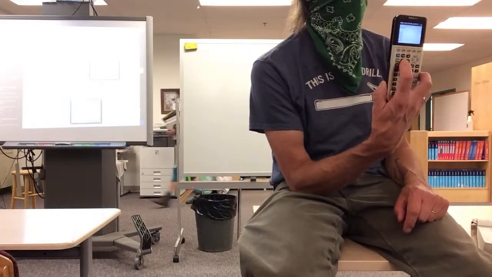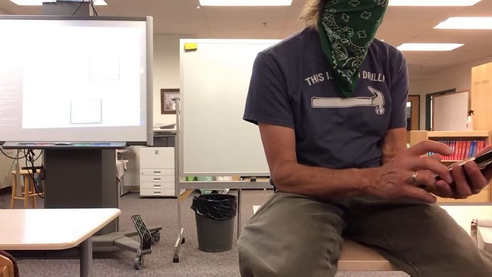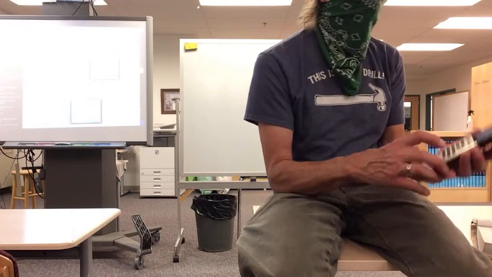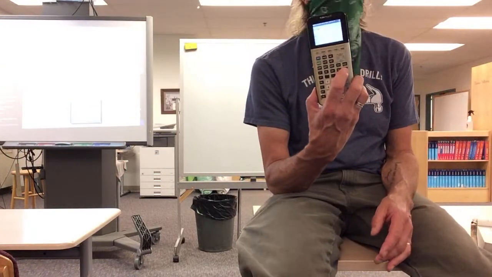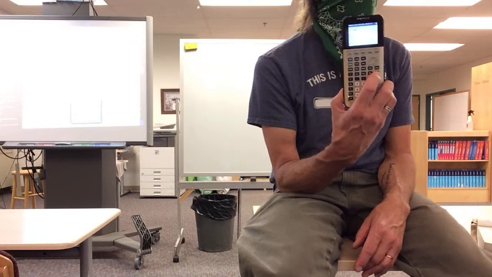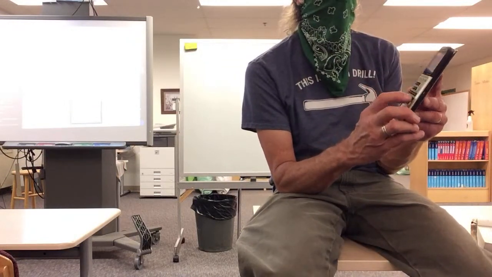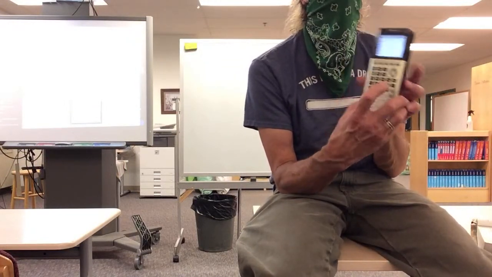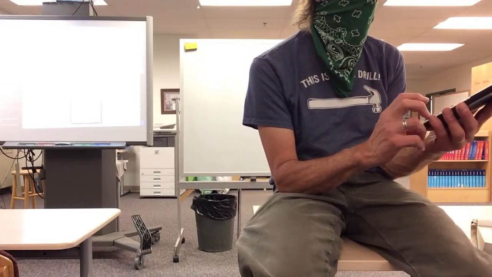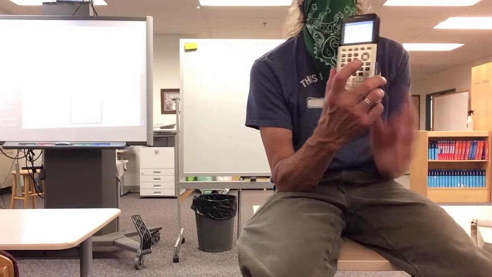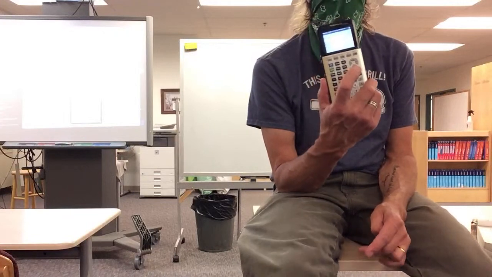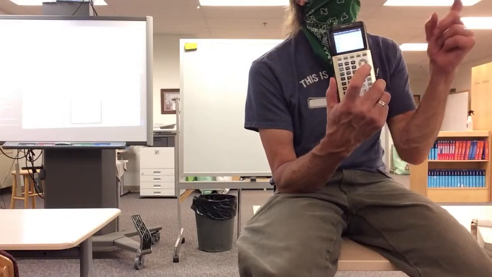So you have x, and then it's going to be squared. So you want to come over here to the right, the up hat shape, above the division. We're going to hit that, and then type in 2. But if you notice, the squared is still blinking.